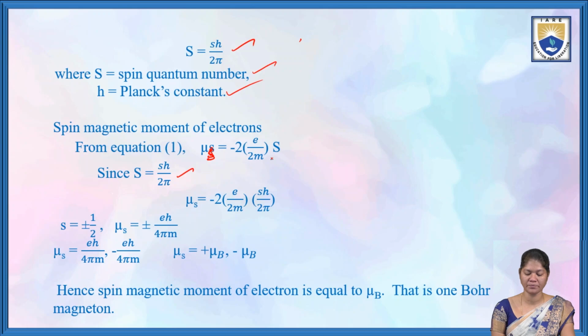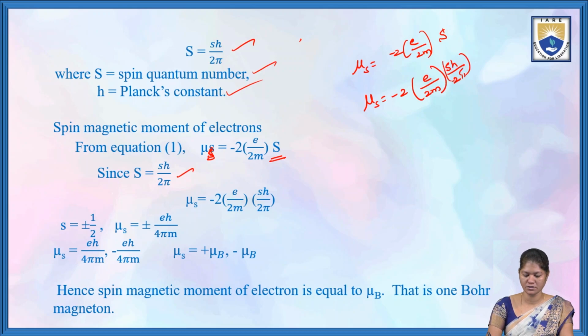So substituting S equal to sh by 2 pi, mu s is equal to minus 2 into e by 2m into sh by 2 pi.